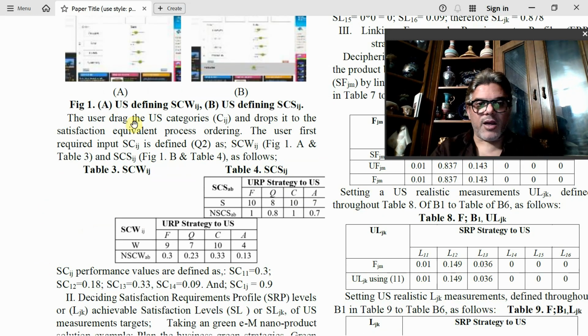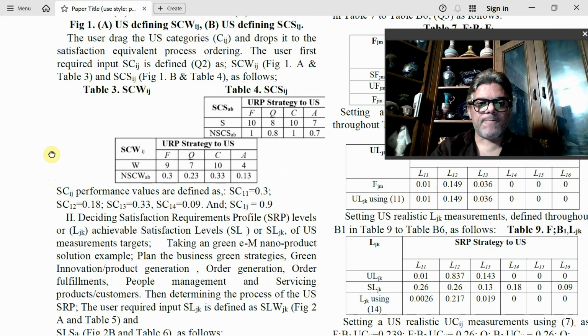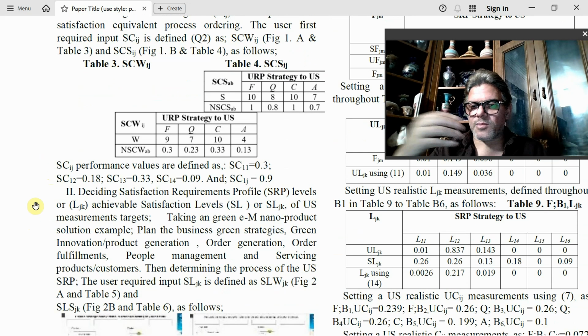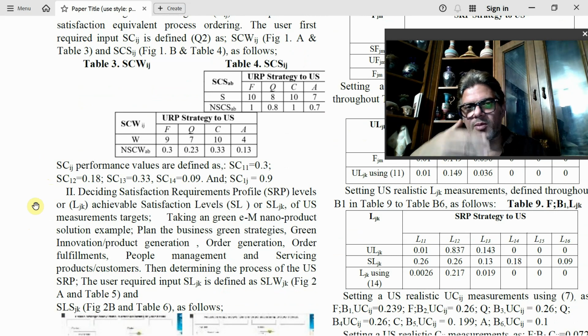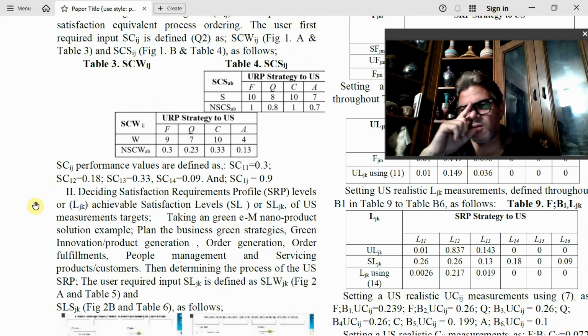The user drags the user satisfaction categories and drops them to the satisfaction and equivalent process ordering. The user's first required input is the category defined, yes. Of course, I didn't read this, I don't know, it's like 10 years or... I always like this because each time I'm going to represent this, I'm going to represent it in a different style.